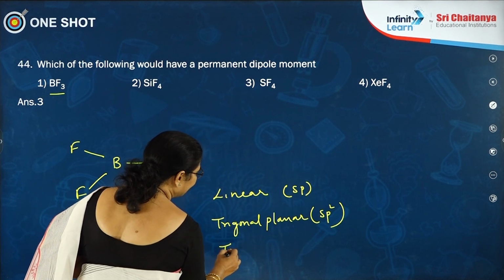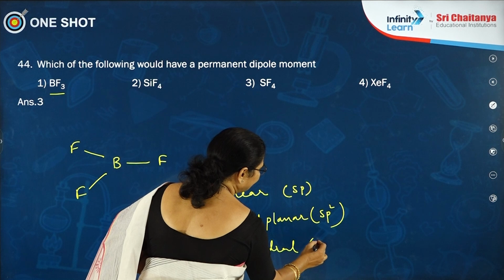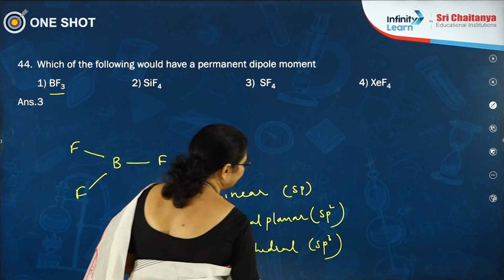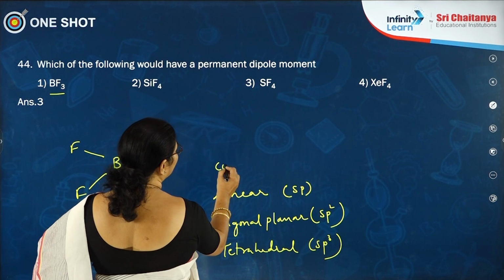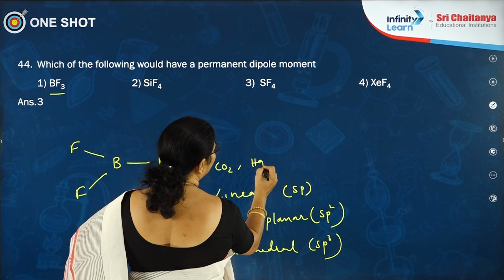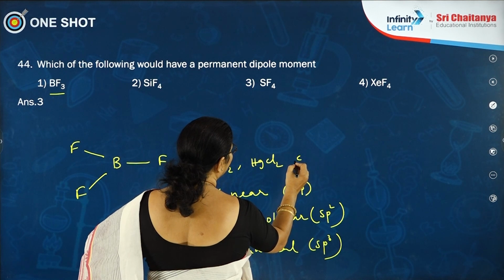and all symmetrical tetrahedral molecules with sp3 hybridization are expected to have 0 dipole moment. Linear, for example CO2, HgCl2, CS2.